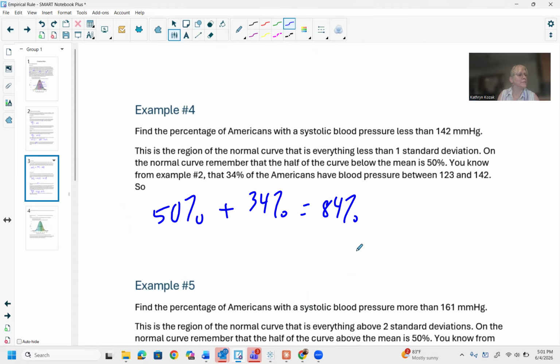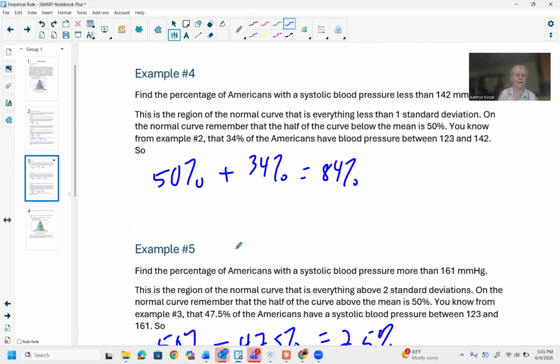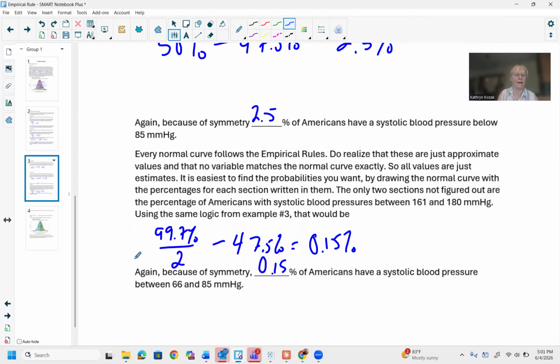That should be 99.7 minus 47.5 is actually 2.35%. I apologize, wrong answer here. So that's 2.35%, and so is this one.